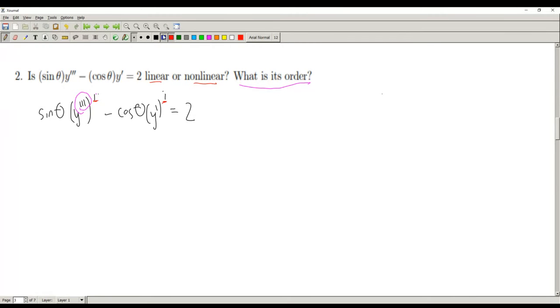If we want to write this in terms of our method, we have a function p of x times y triple prime, then plus 0 times y double prime, because we have nothing for y double prime, plus cos theta, which would be your q of x, times y prime, equals 2.